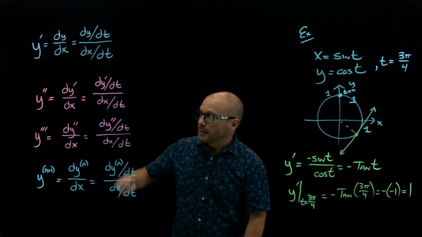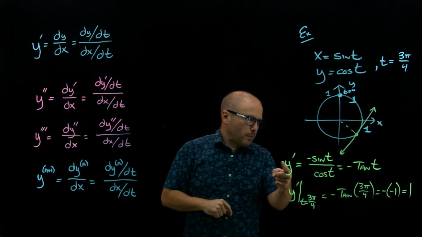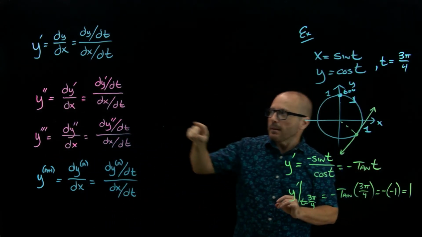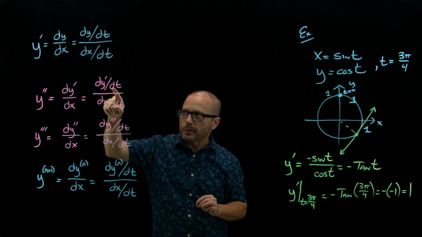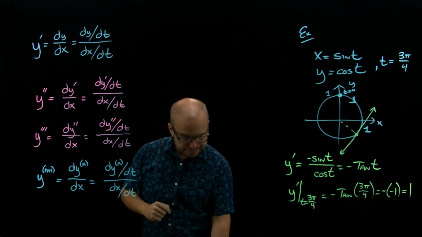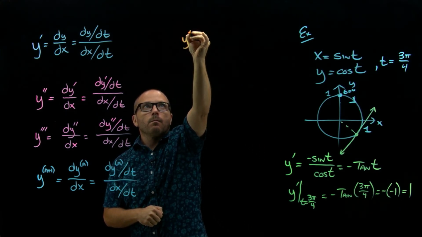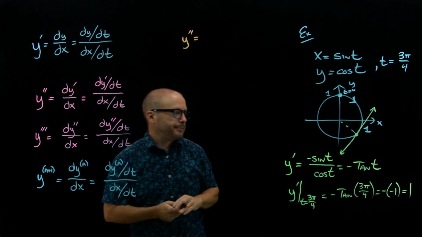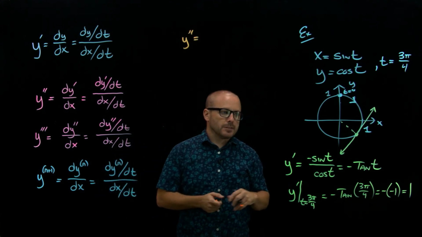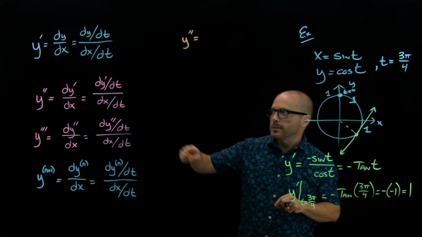OK, what about y double prime? So we're going to take what we found before, y prime. Notice y prime is a function of t, so that makes sense. Y double prime means take this function and differentiate it with respect to t.